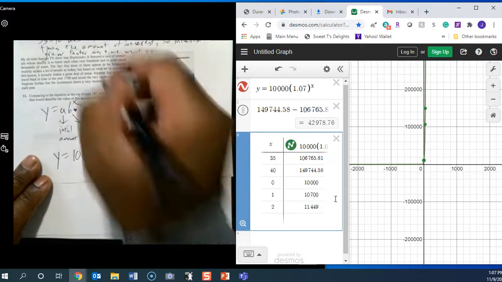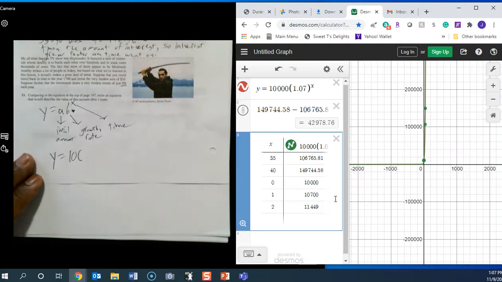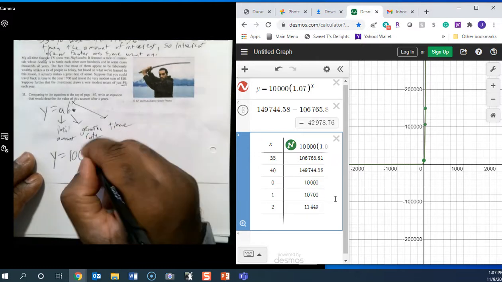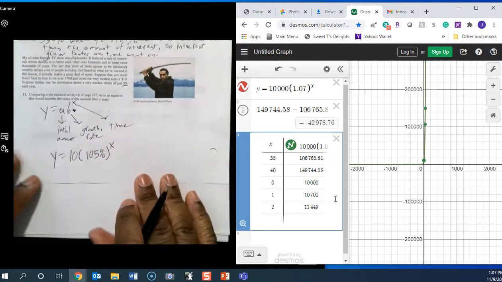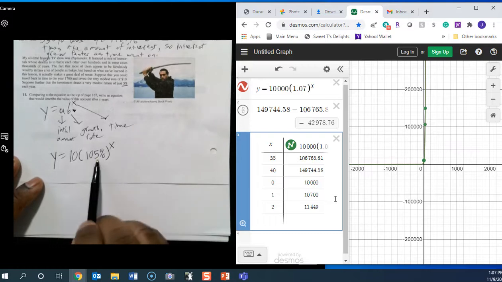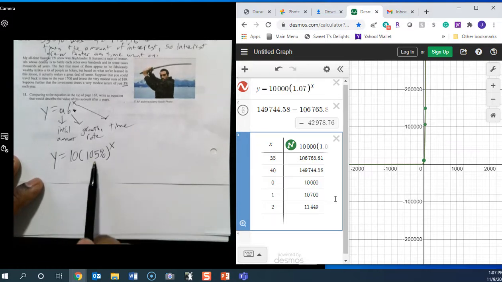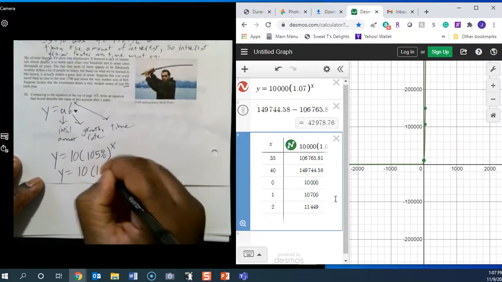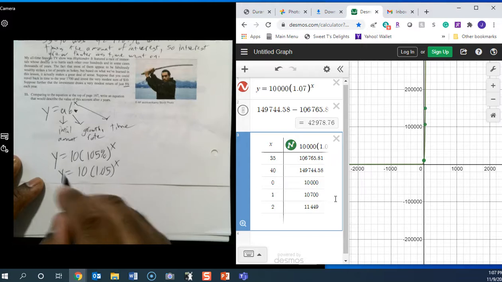B is the growth rate. Now, they say that it's growing at 5%. Growth rate is 1 plus whatever the percent is. So the percent is 5%, so 1 plus 5% would be 105%, and then to the X power. Now, when we write in this parenthesis like we did in the previous problems, this has to be changed to a decimal. So it'll be y equals 10 times 1.05 to the X power. And this is the actual equation.